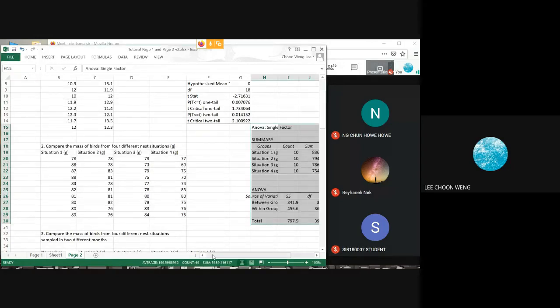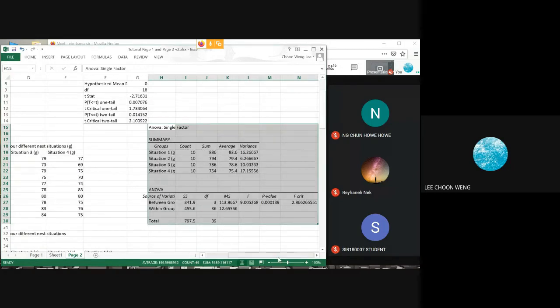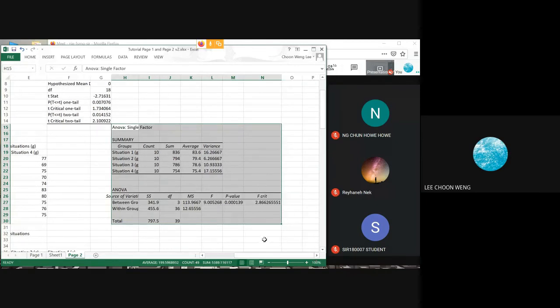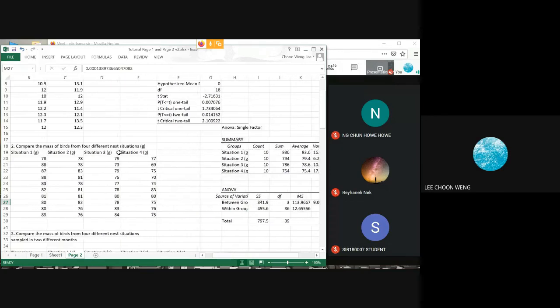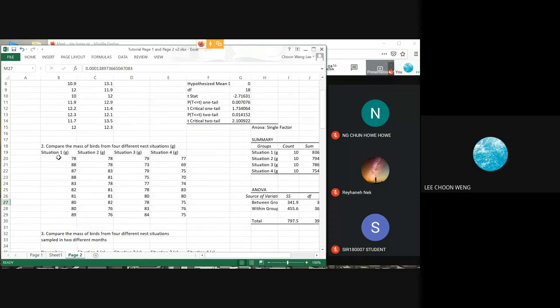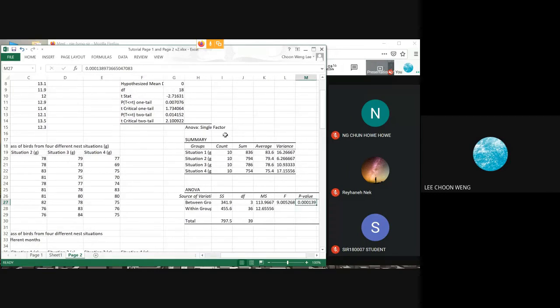Okay, so that gives you your, so the p value is less than 0.05. That means the mass of birds that you measured from situation 1, 2, 3, 4, they are not similar. Okay, they are not similar.